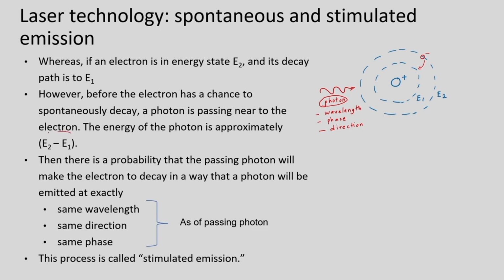So, if the photon energy is E2 minus E1, there is a high probability that the passing photon will make the electron decay. Naturally there will be a generation of photon during this process, but what would be the wavelength, phase and direction of this generated photon?